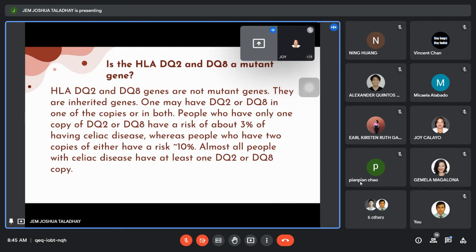People who have only one copy of DQ2 or DQ8 have a risk of having celiac disease, whereas this risk is increased if the person has two copies. Almost all people with celiac disease have at least one of the DQ2 or the DQ8 HLA gene.